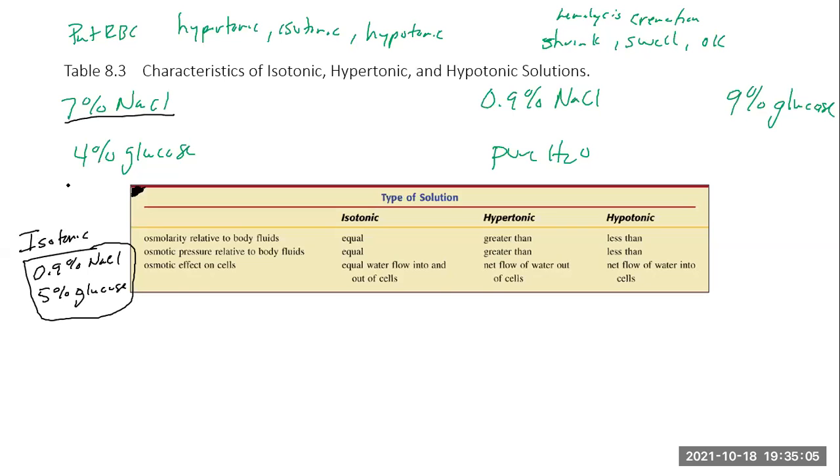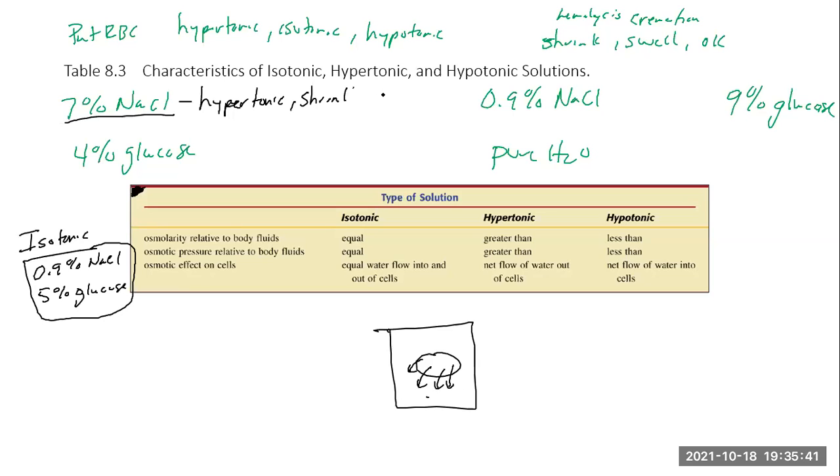So a larger number would imply that this should be a hypertonic solution. And what that means again is that outside the cell is more concentrated than inside the cell, which means we would expect the cell to go through osmosis and try to dilute the outside. The result of that is we should see the cell start to shrink, which is the process of crenation. Any questions on that particular one?